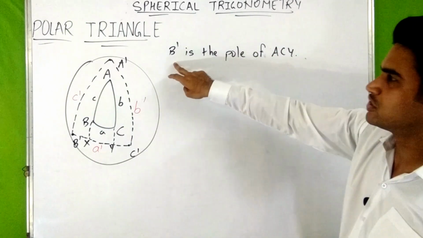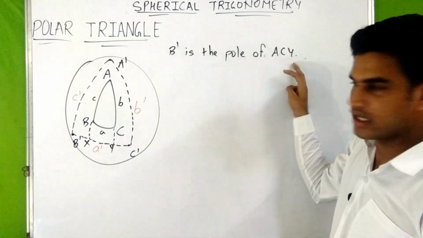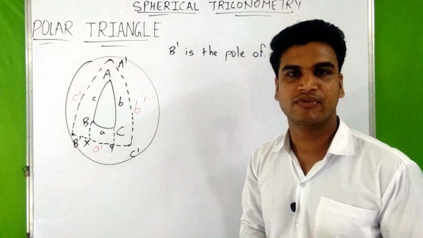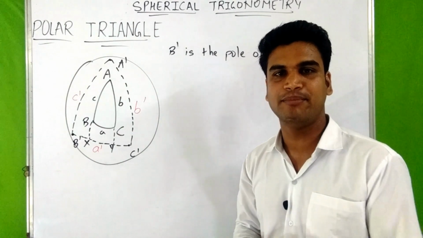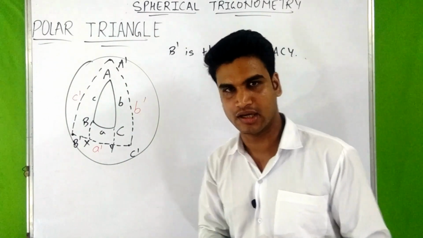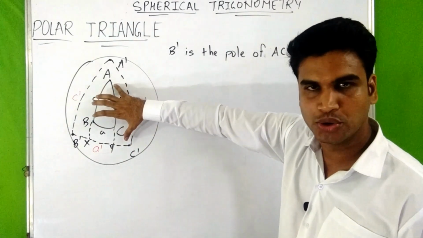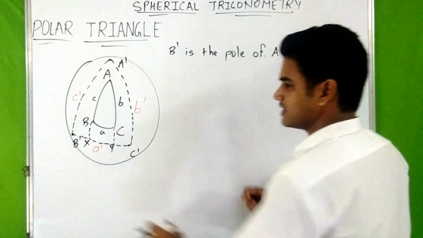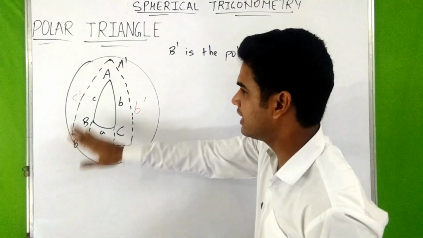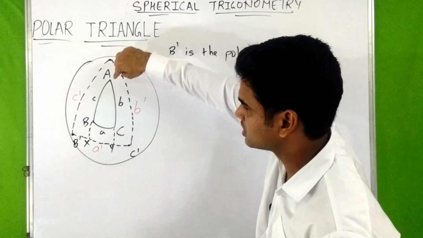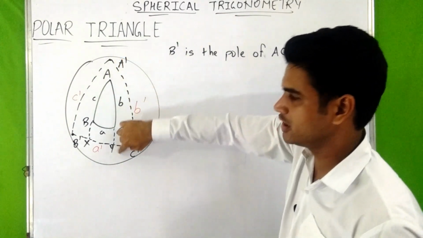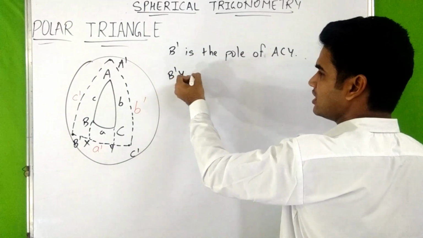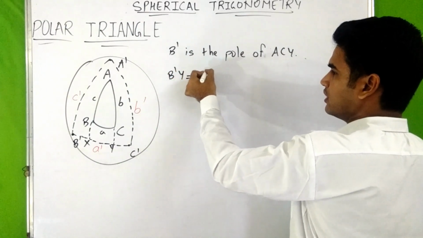As I told you earlier, the pole of any great circle is 90 degrees from any part of the circumference of the great circle, and the side of a spherical triangle is nothing but a part of a great circle. So we can say that B dash is 90 degrees away from any part of this arc ACY. So we can write that B dash Y is equal to 90 degrees.